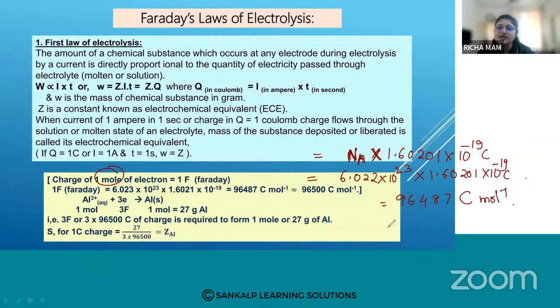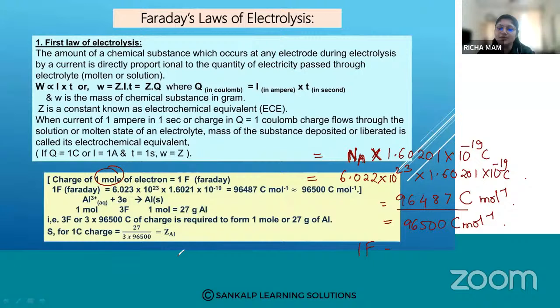This is approximately 1 Faraday. So the value of 1 Faraday is 96,500 coulomb per mole.